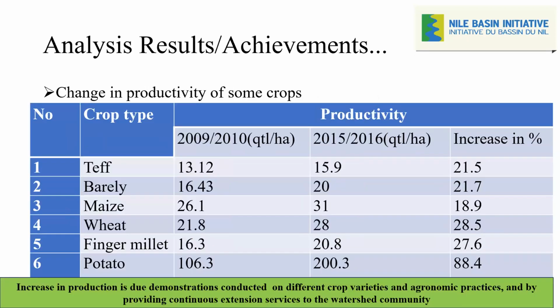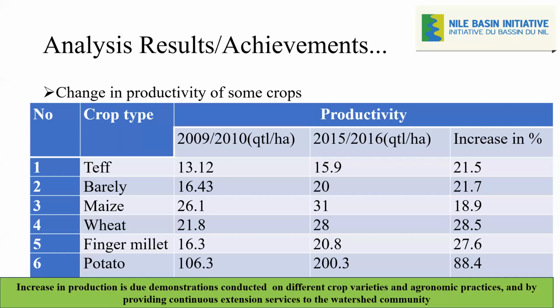In terms of the productivity of crops, when we see different varieties of crops, for example, teff is the one which is grown in Ethiopia. It is a crop originated in Ethiopia from which injera is mainly produced. In terms of change in hectare in quintal, there is about a 21.5 increment from the baseline survey in 2009 to that of 2016.